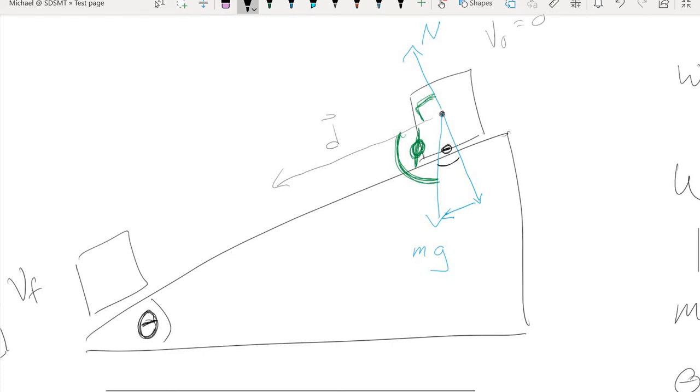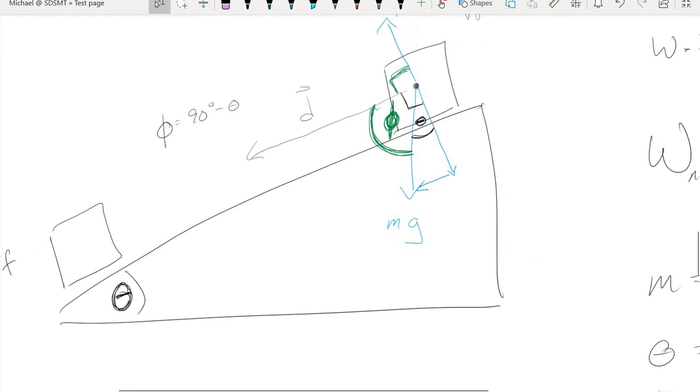Well, if this is theta, and there's a 90-degree angle between the perpendicular component of our weight and the downhill direction, which is where D is pointing. Well, if that's all 90, that means that phi has to be the difference between 90 and theta.